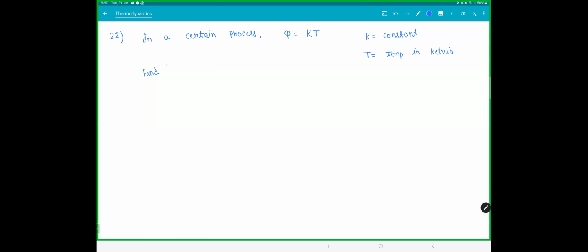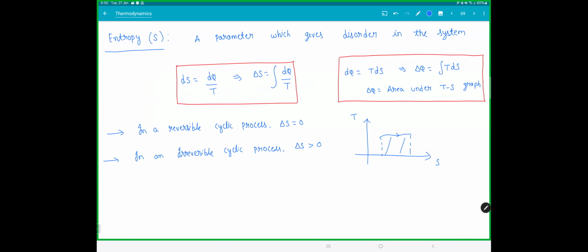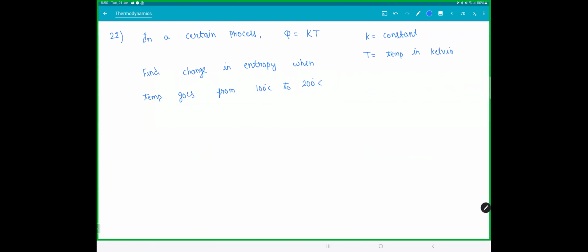Find the change in entropy. The temperature goes from 100 to 200. Let's get this. Remember, this is the formula we have. dS is dQ by T, or delta S is the integral dQ by T.